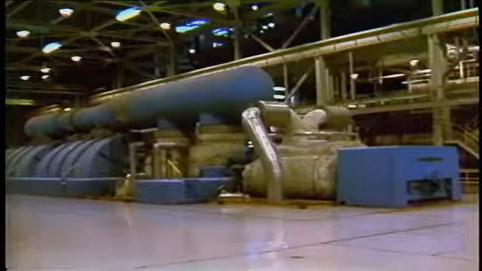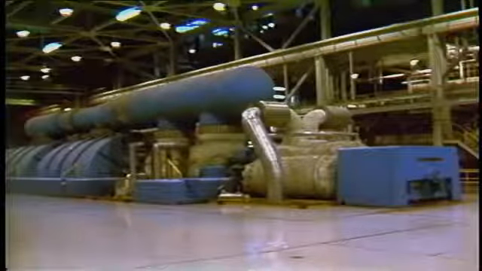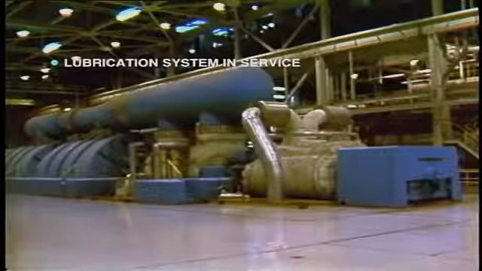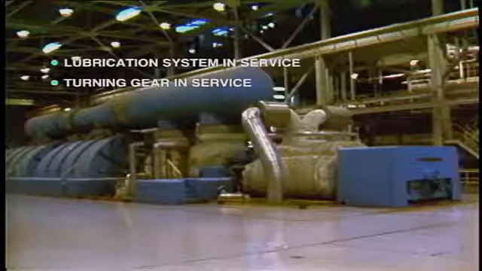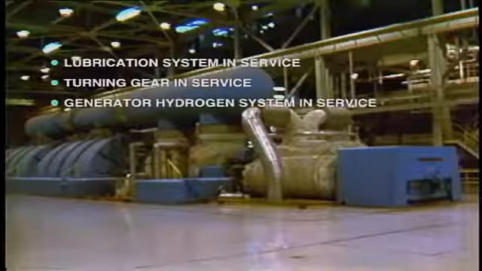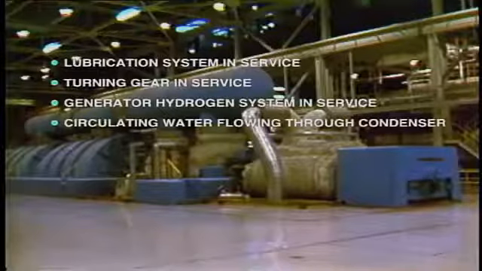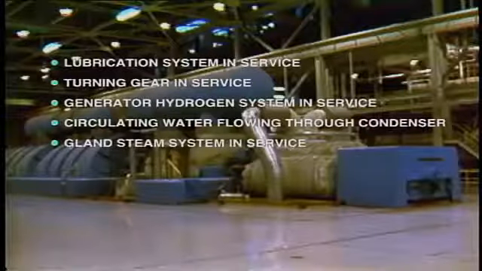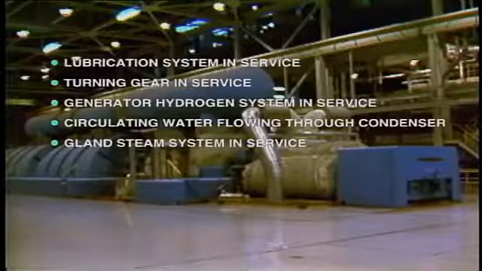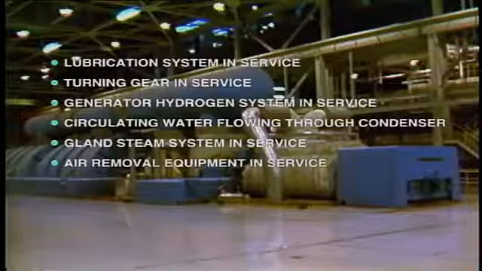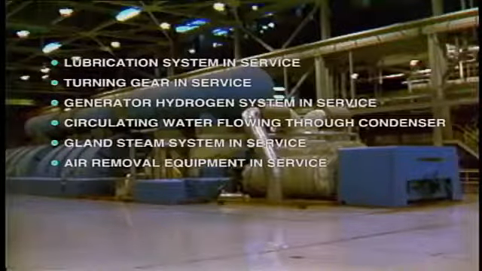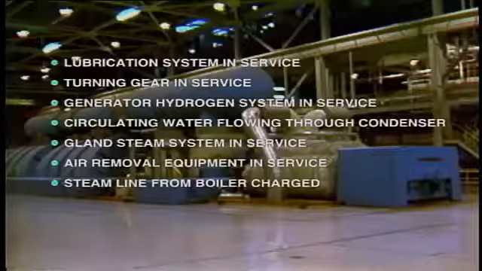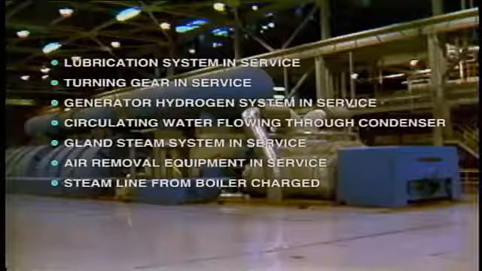Summarizing then, the following conditions must be established before steam can be admitted to the turbine. Lubrication system in service, turning gear in service, generator hydrogen system in service where applicable, circulating water flowing through the condenser, gland steam system in service, providing sealing steam, air removal equipment in service with vacuum established in the condenser, steam line from the boiler charged, and turbine stop valve open to charge the steam chest.